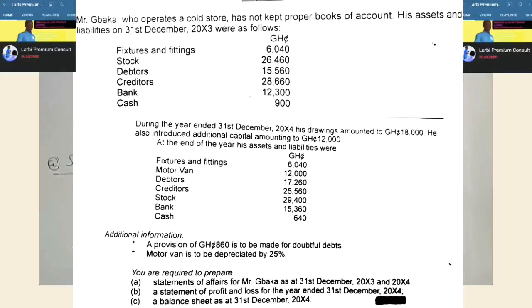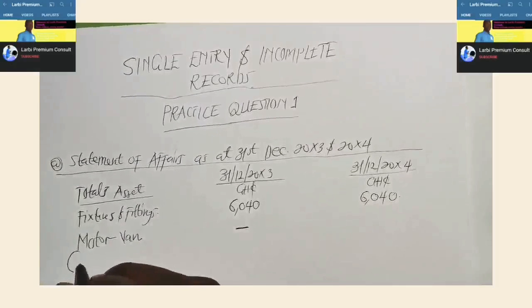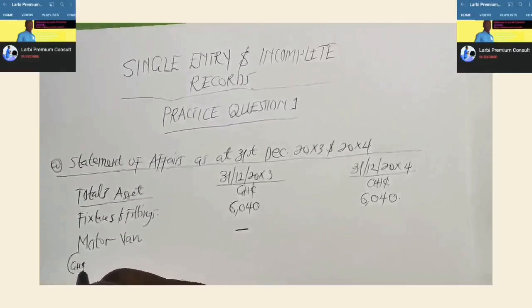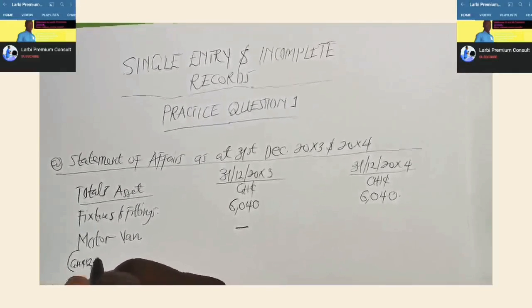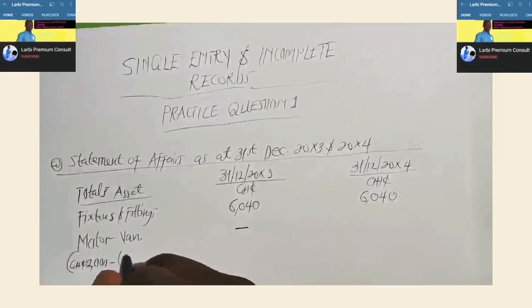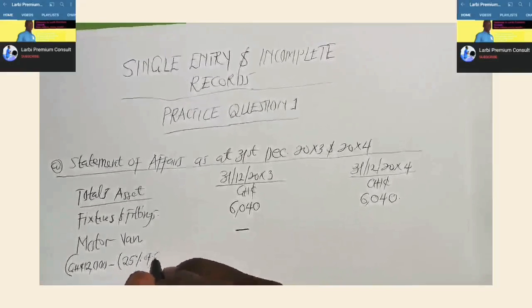But then additional information 2 says that motor van is to be depreciated by 25%. So we need to depreciate. I'll take the total value of the motor van, which is 12,000, and subtract the depreciation of 25% of 12,000.